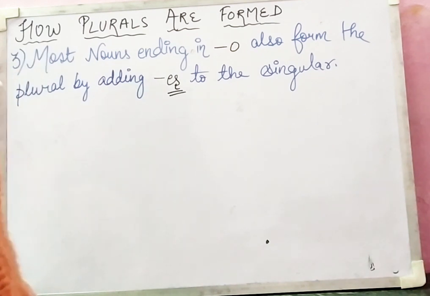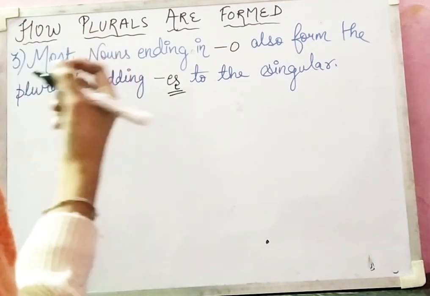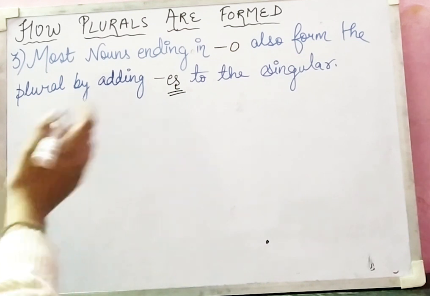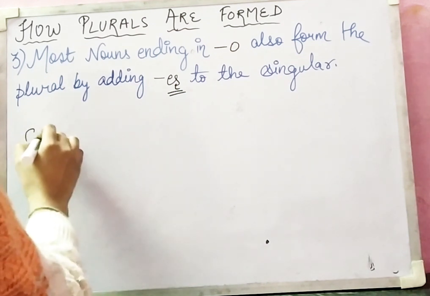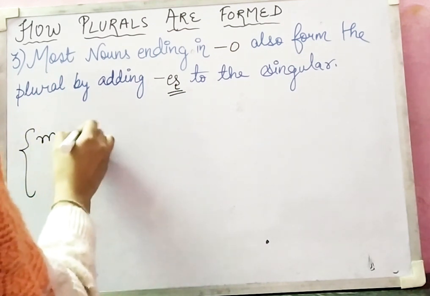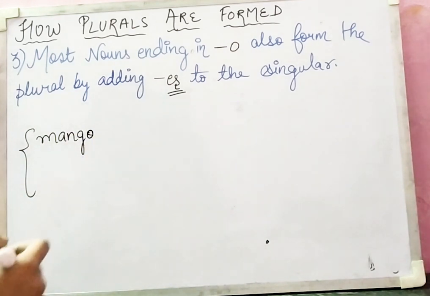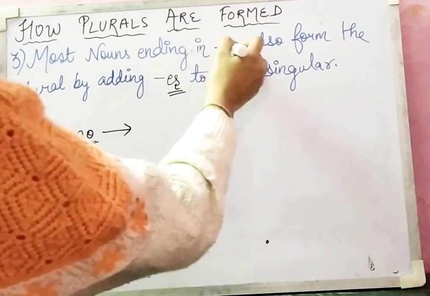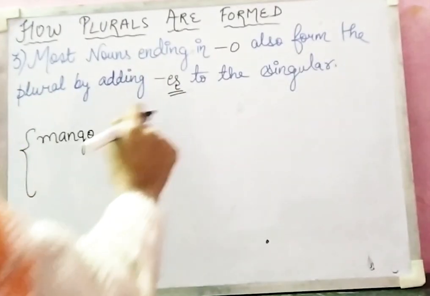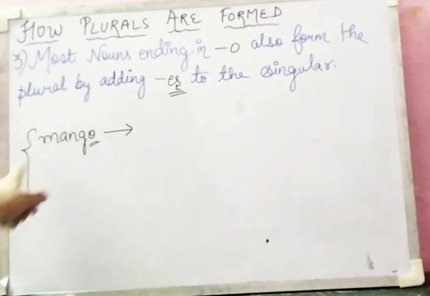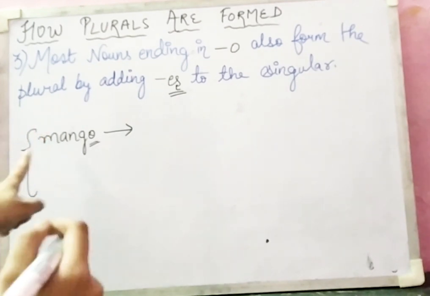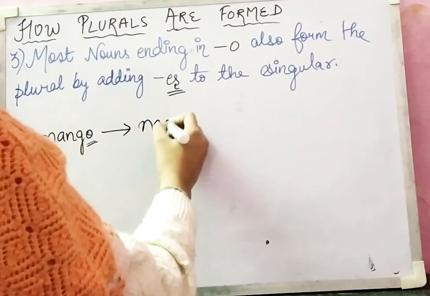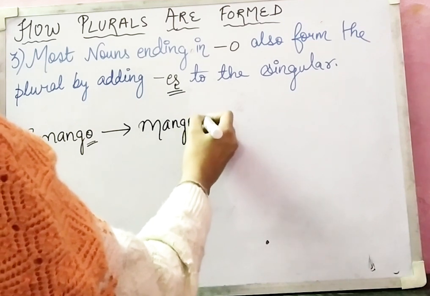So let me take one example, the most common fruit, mango. It ends with o, so we will be adding es so that it will become plural, that is mangoes.